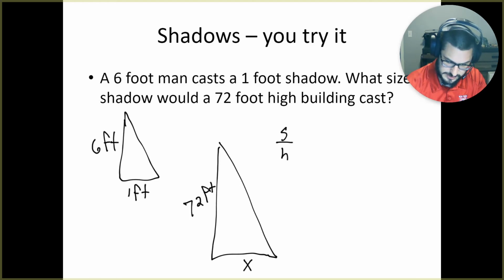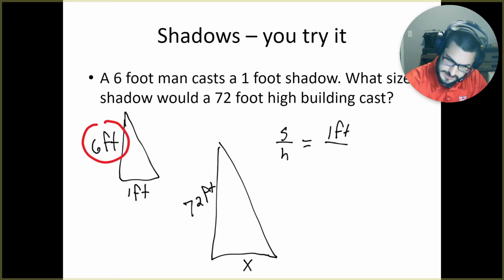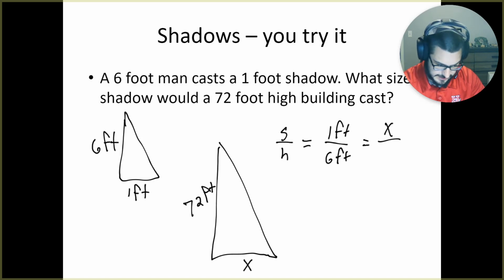Same thing for me. I always write out some sort of identifier. So shadow over height equals shadow is 1 foot over 6 feet for the height equals shadow x over height 72 feet.